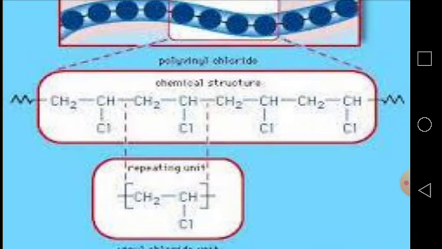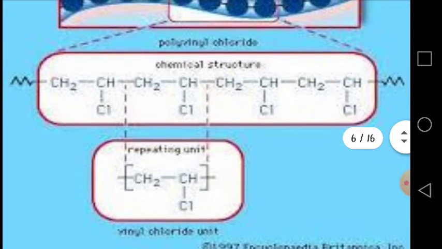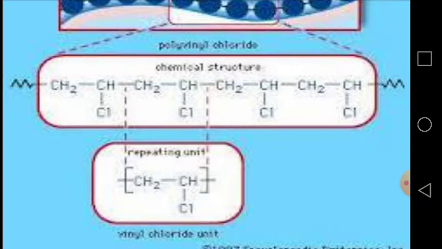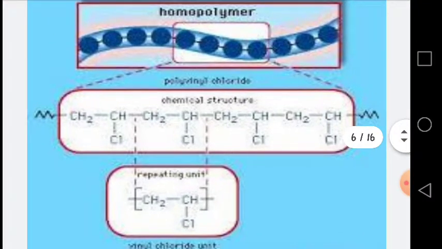It's a polymer made from a repeating unit of vinyl chloride. One unit of vinyl chloride combines with many units of vinyl chloride and forms a polymer called polyvinyl chloride. Because the monomers are of the same type, this is called a homopolymer.